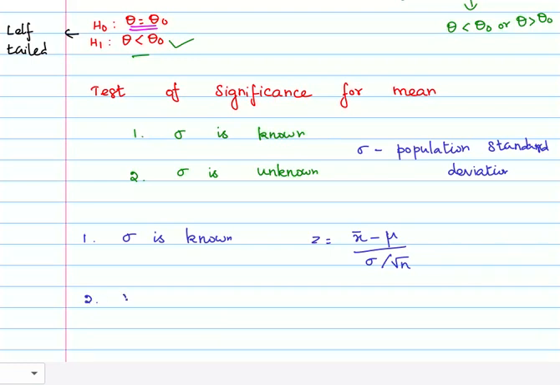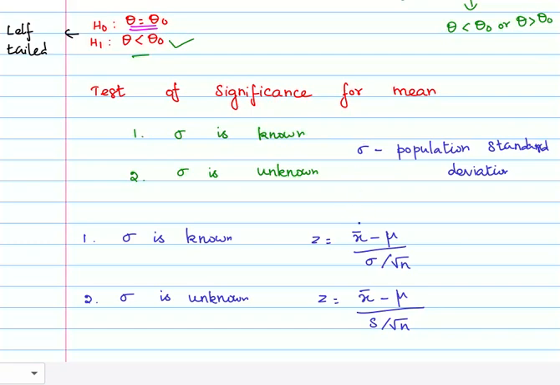The second case is when sigma is unknown, and Z is equal to x bar minus mu divided by s divided by square root of n. Okay, this is very clear.